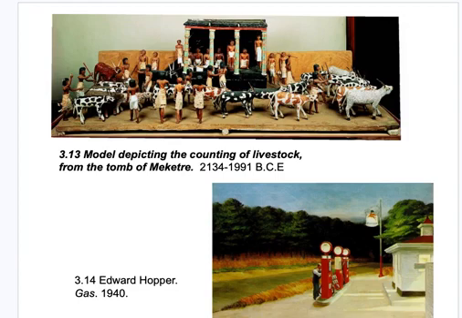This is picturing a scene of wealth and prosperity, of having servants and cattle and herds of animals. They are counting the livestock, showing that he has a plethora of livestock and is doing very well. The hope is that he would take that wealth and prosperity into the afterlife with him.